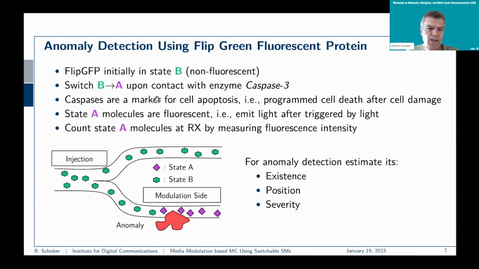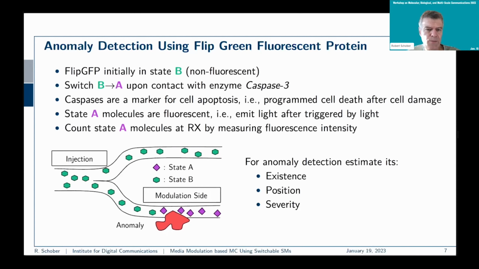Now, these caspase enzymes, they are markers for cell apoptosis, so of programmed cell death, basically. And they occur, for example, around tumors, so around cancer tumors, and are used for detection of cancer cells or biomarkers for cancers. And here, as I said, in state A, these FlipGFP molecules are fluorescent. And then we can imagine a setup as shown here in this figure.